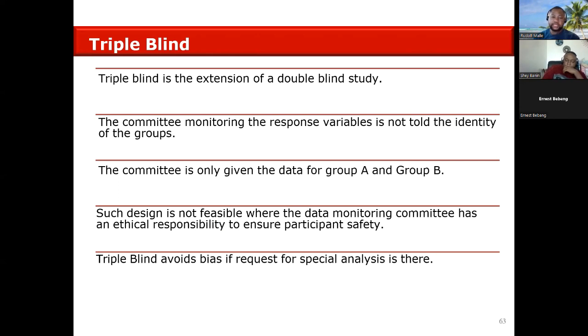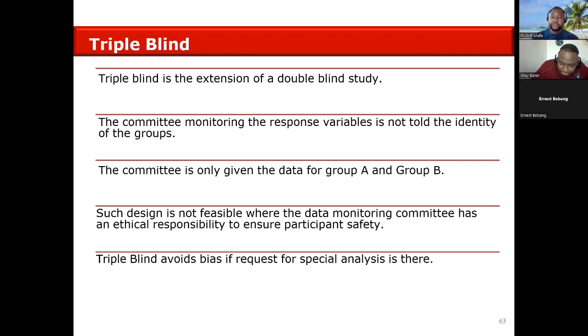A DSMB is a particular group of people, physicians who are seated somewhere, and they are reviewing safety concerns and the response of the subjects to the drug.